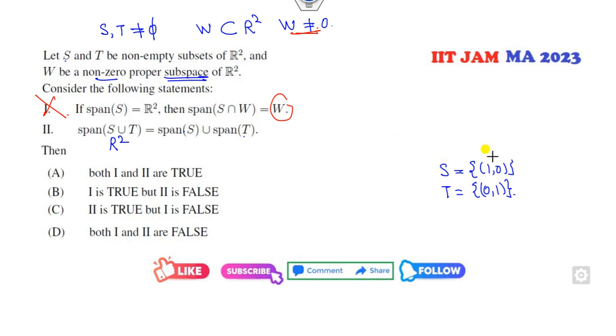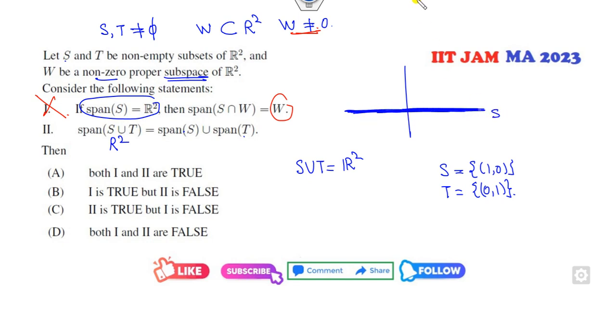Now in the second case, this condition is not given to you. I have chosen this S and T. Then what is my S union T? This is my R2. What is S? This is my S. What is my capital T? This is my capital T. So the span of S union T is basically my R2.